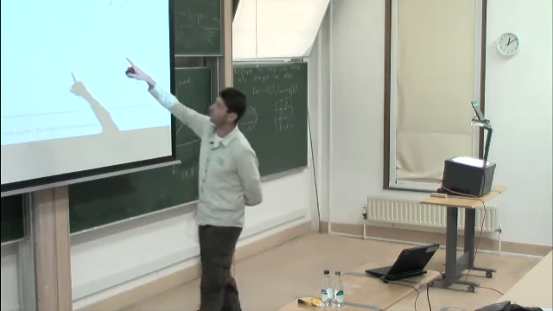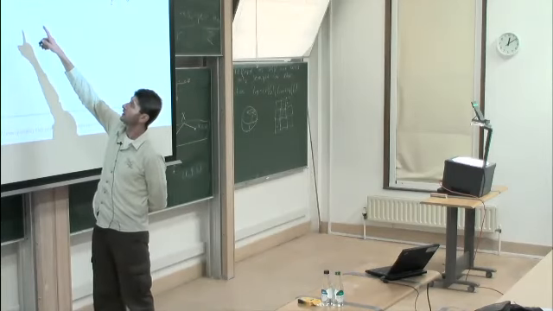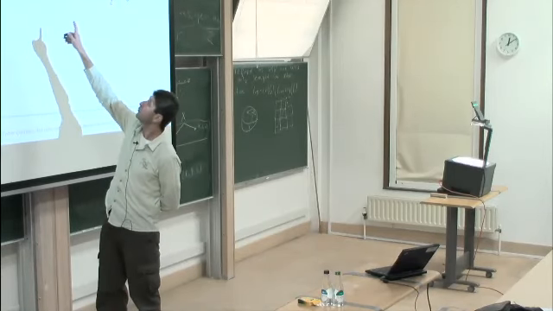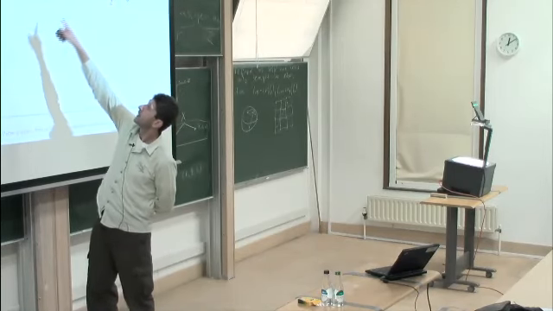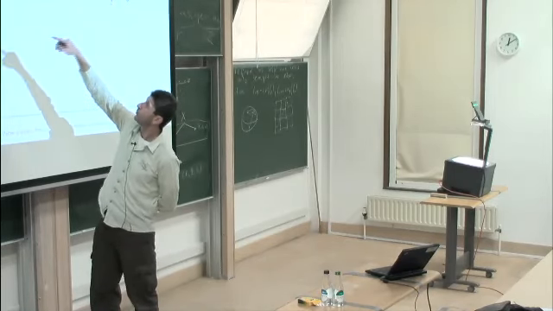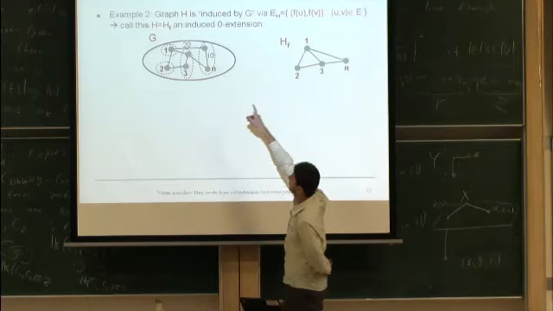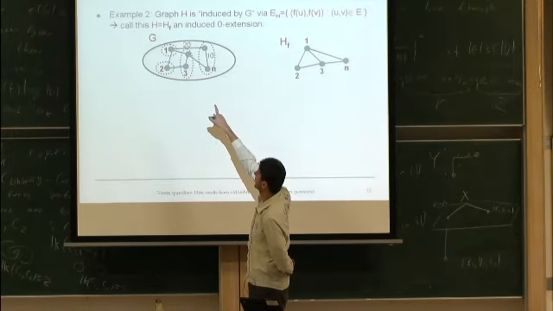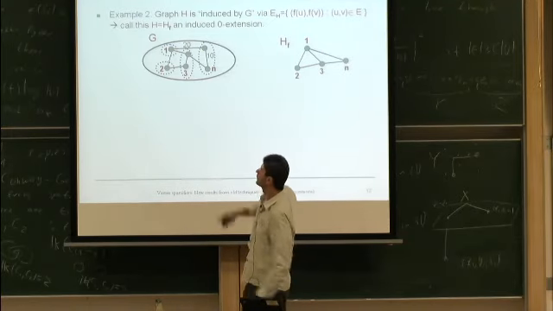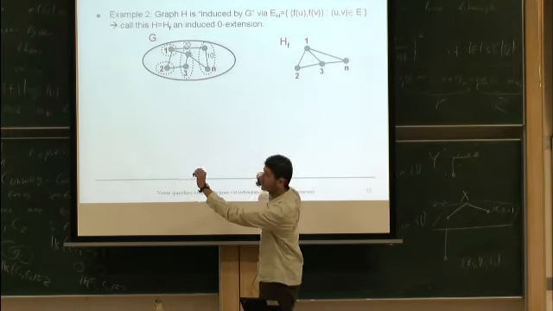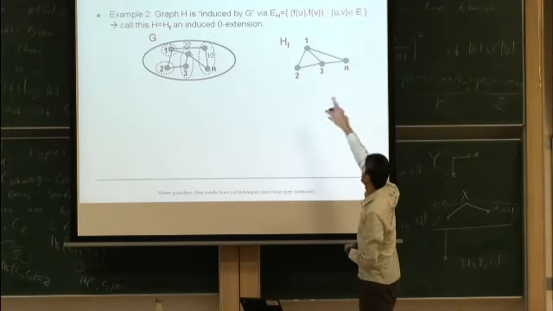Now let's suppose this is the picture. This is the retraction that we have. Now you see, whenever there's an edge between a blue blob and a blue blob, I put the same edge between the corresponding vertices. So on the top you can see there's an edge of length 20 between the blob corresponding to 1 and to n. So I'm going to put an edge between 1 and n.